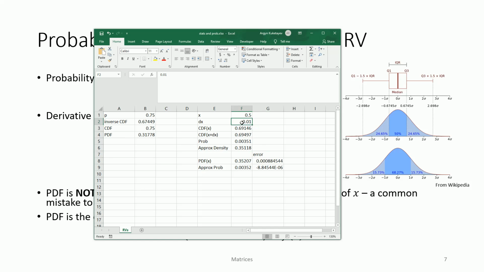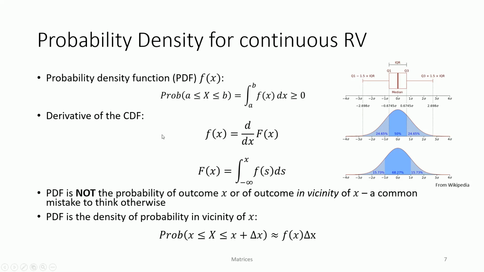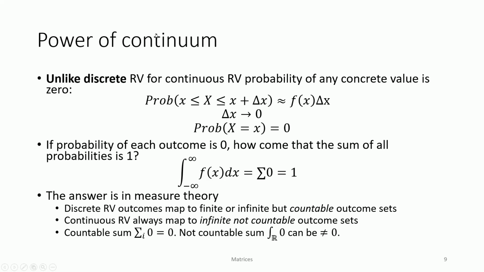So if we keep decreasing the width of the region, we get narrower and narrower, and smaller and smaller error. So our approximation seems to be working, but also working is this problem: the power of continuum. If we keep squeezing this region, what is going to happen? The probability will be smaller and smaller.